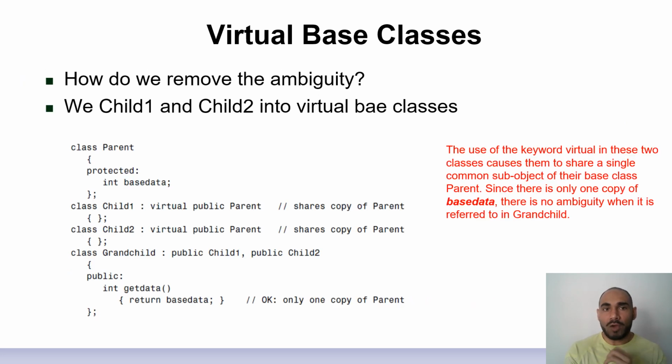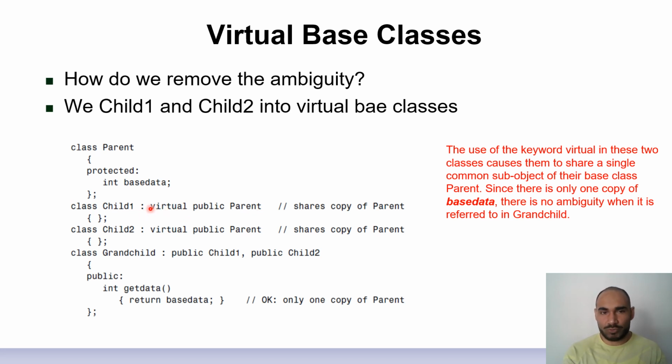So how do we remove this ambiguity? We make child1 and child2 into virtual base classes. Sorry for the spelling problems here. So we make a small change. We say that child1 virtually extends parent.